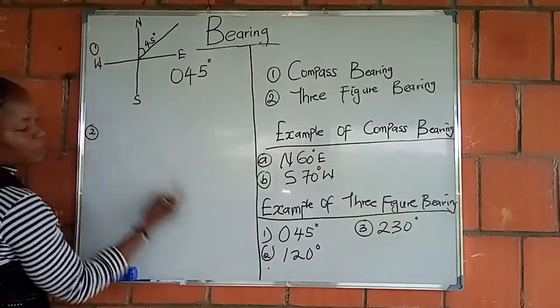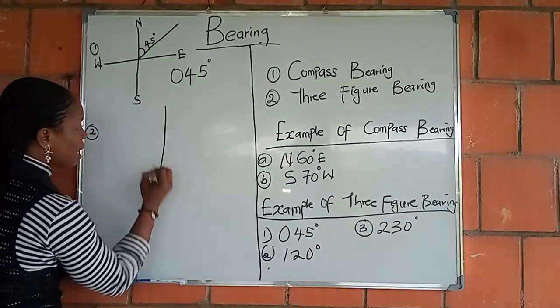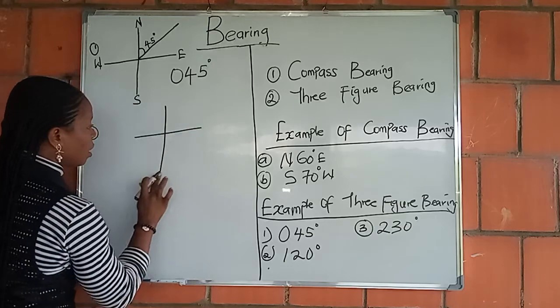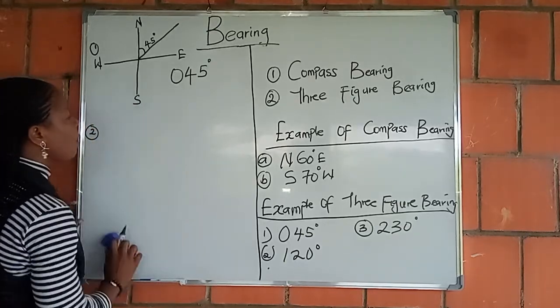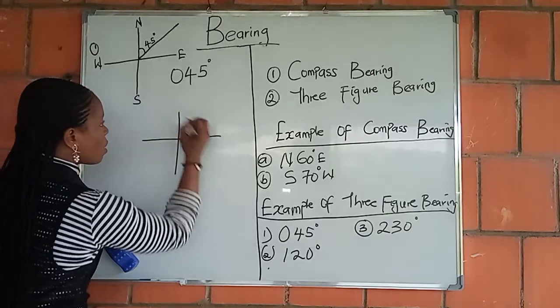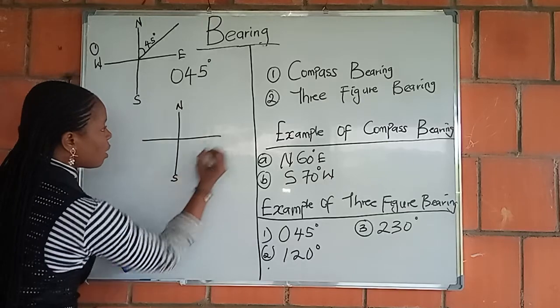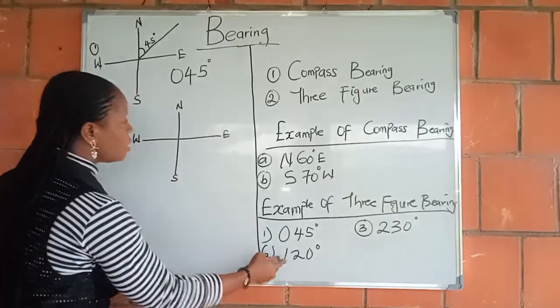Then the second one said 120 degrees. So let's sketch that and see how it will look. North, south, east, and west. Now 120. This is 90.